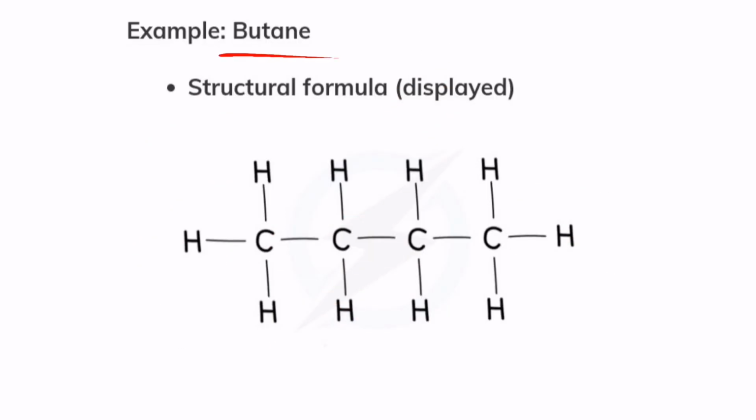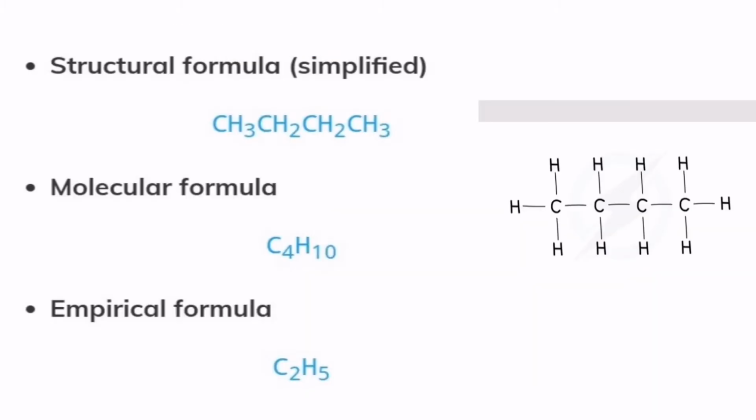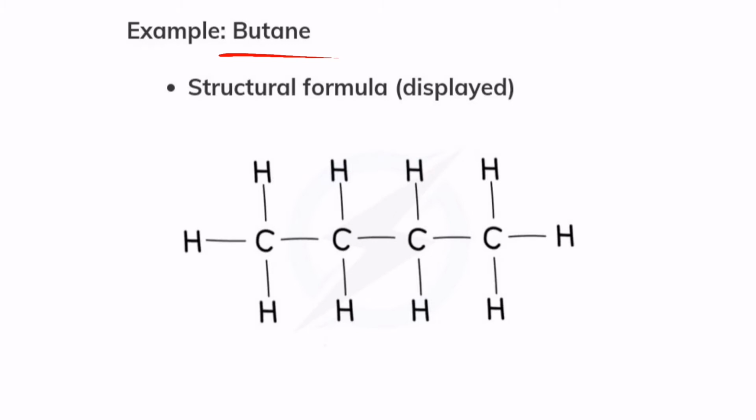Let's look at butane. We talked about structural formula, empirical formula, and also the molecular formula. So let's look at the structural formula of butane. This is how butane combines.